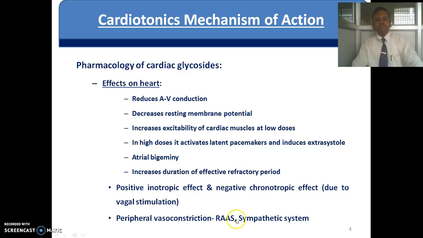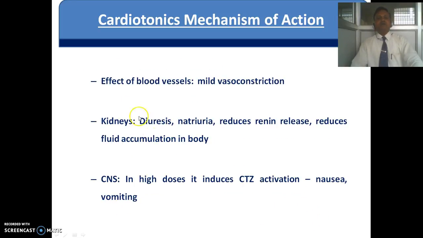Apart from this, cardiotonics also activate the renin-angiotensin-aldosterone system and the sympathetic nervous system, and thereby they cause vasoconstriction. Cardiotonics also have mild vasoconstrictive activity because of this stimulation of the sympathetic nervous system and RAS. Apart from this, they induce diuresis, means output of urine, output of sodium ions from the body, and they reduce the accumulation of fluid in the body.